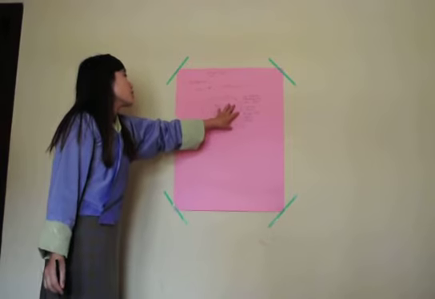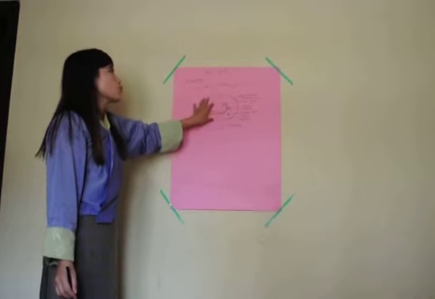Now, this is a rough diagrammatic representation of a chloroplast.